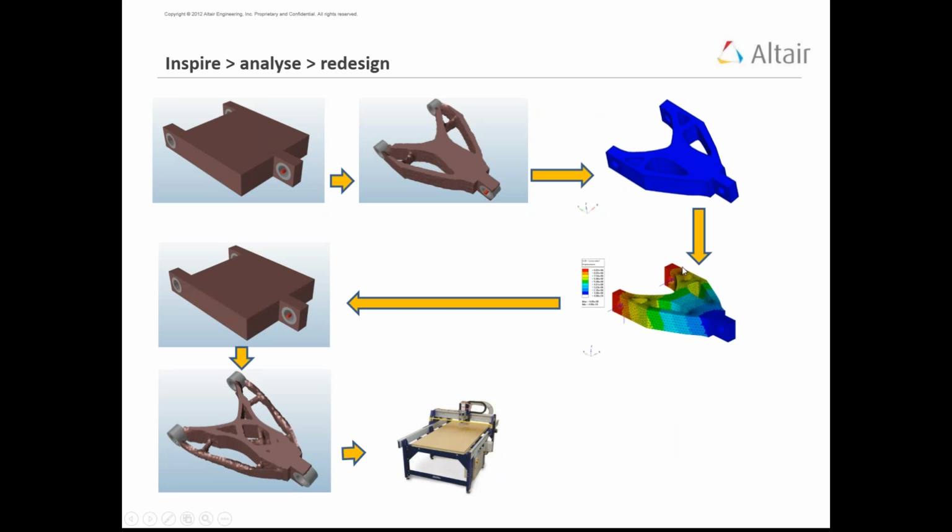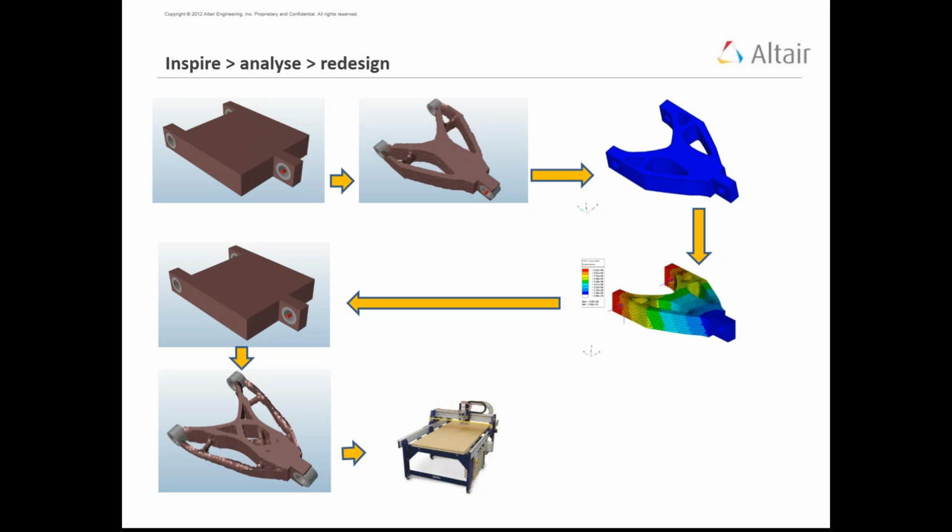Or when you're actually doing your linear static analysis on the concept shape generated by Inspire, you might find that the displacements are not very high, or you've been very conservative with your constraints and your initial inputs to Inspire when you were generating your concept.